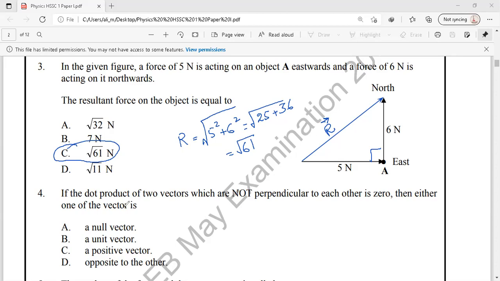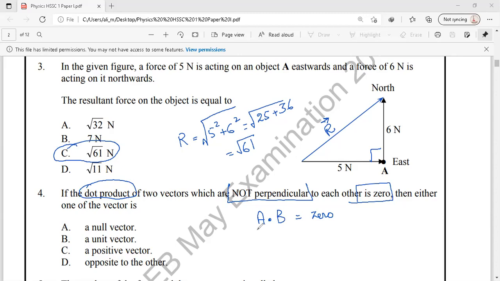Then we have question number 4. If the dot product of two vectors which are not perpendicular to each other is equal to 0. So we know that if two vectors are perpendicular, then the dot product is 0. But in this case, two vectors are not perpendicular, but still their dot product is 0.